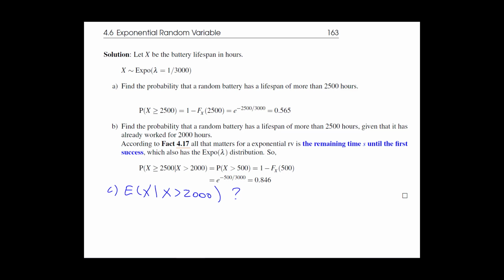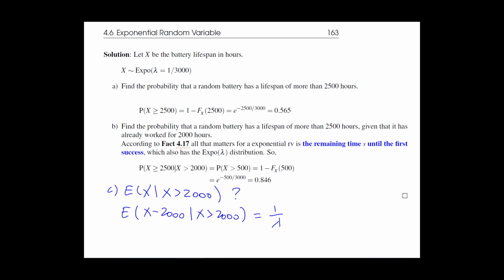What we know is that the remaining time is exponentially distributed. So it's x minus 2,000. So x minus t, remember before? That's the one that is exponentially distributed. By the memoryless property, we know that this variable, which we called y before, has expected value just 1 over lambda, the expected value of an exponential random variable.